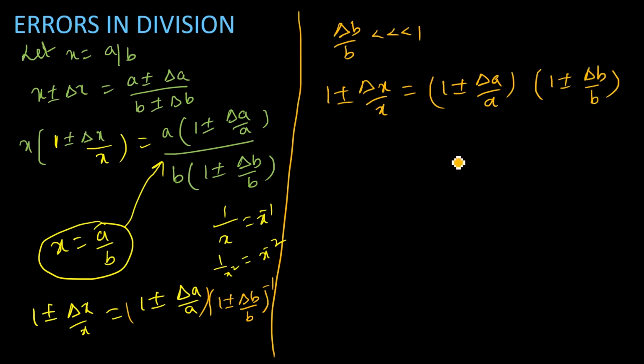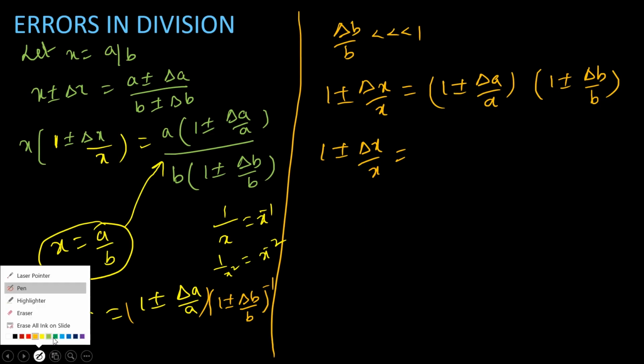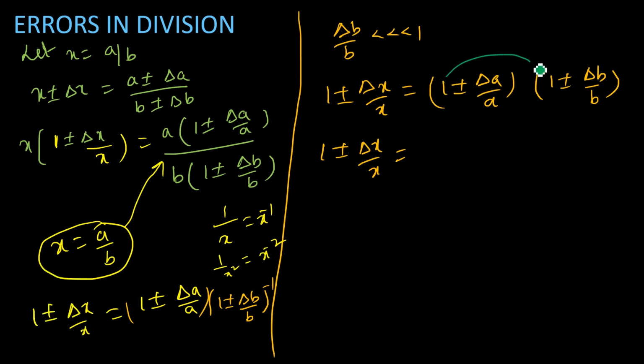Here, as I already said, you have to multiply first 1 with the 2 terms, then delta a by a with these 2 terms.